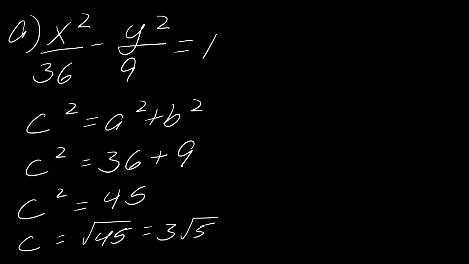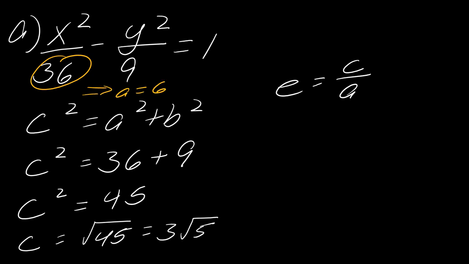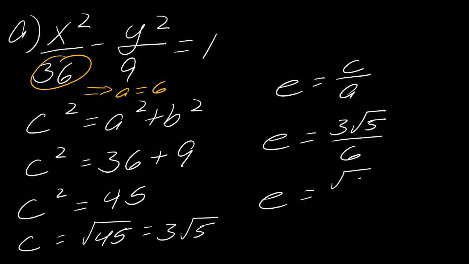And then I have to calculate my eccentricity, which is c over a. So this implies that my a equals 6, by the way. So this is going to be 3 square root of 5 over 6, and this can be simplified to square root of 5 over 2.